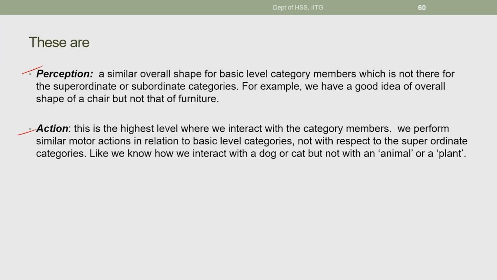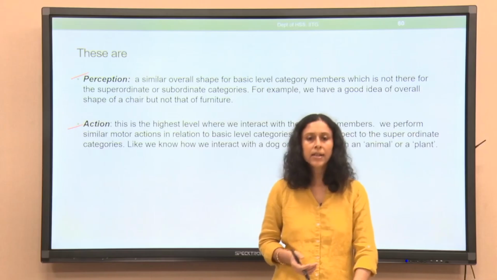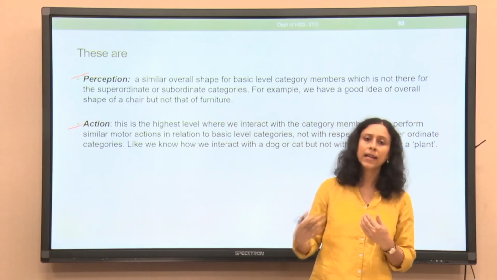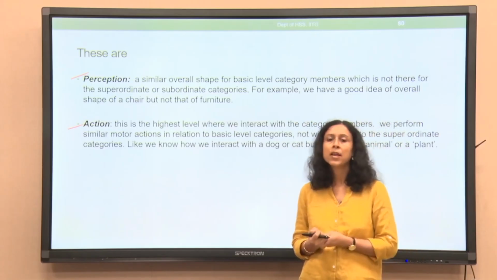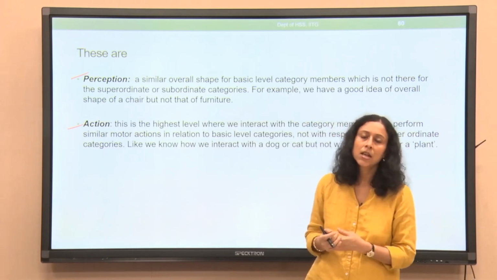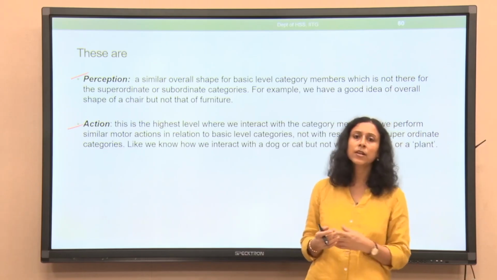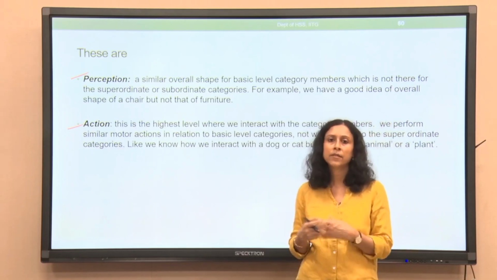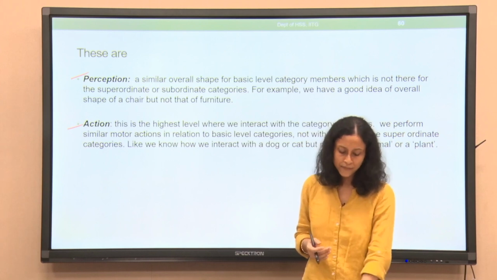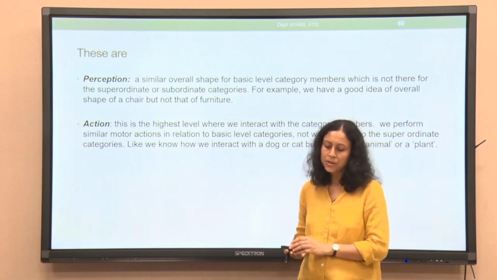So, we have a better idea about an object at the mid level as opposed to both the highest and the lowest object. Similarly, in terms of action, as in how we engage with a particular category, you can easily talk about what you do with a car as opposed to what you do with a limo, or as opposed to a vehicle and so on.